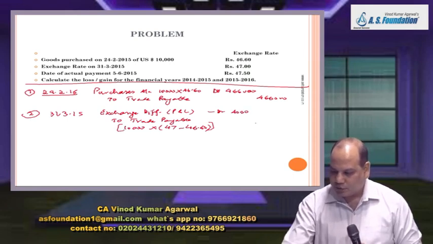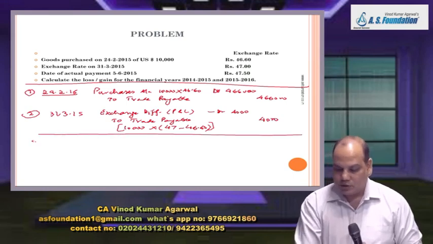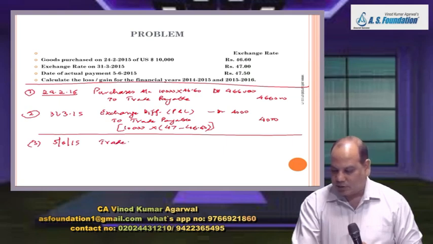Are you getting 4,000? 4,000. Then next entry write 5th June 15 trade payable account debit.